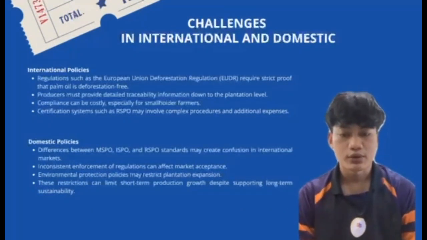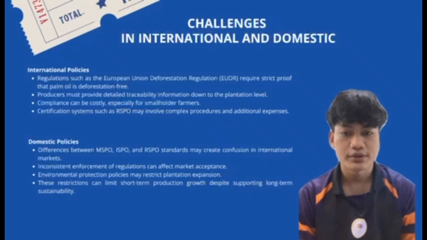Next, we discuss challenges in international policy and domestic policy. For international policy, despite the benefits, international policy also creates significant challenges. For example, the European Union deforestation regulation requires producers to prove that their palm oil is not linked to deforestation and can be tracked back to the plantation where it was produced.